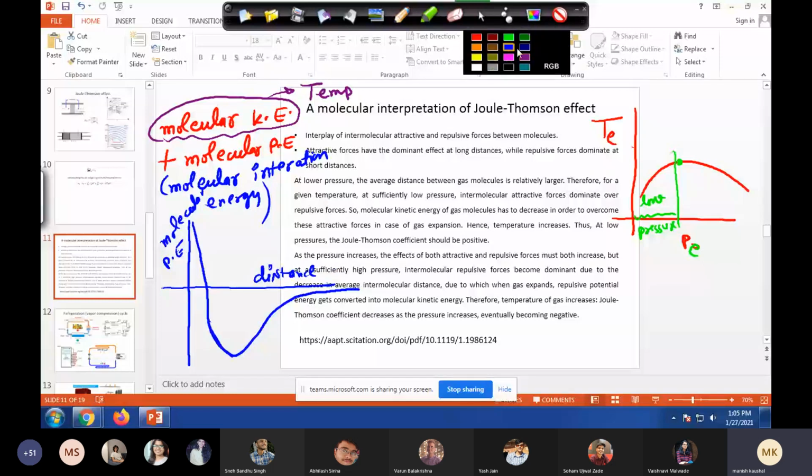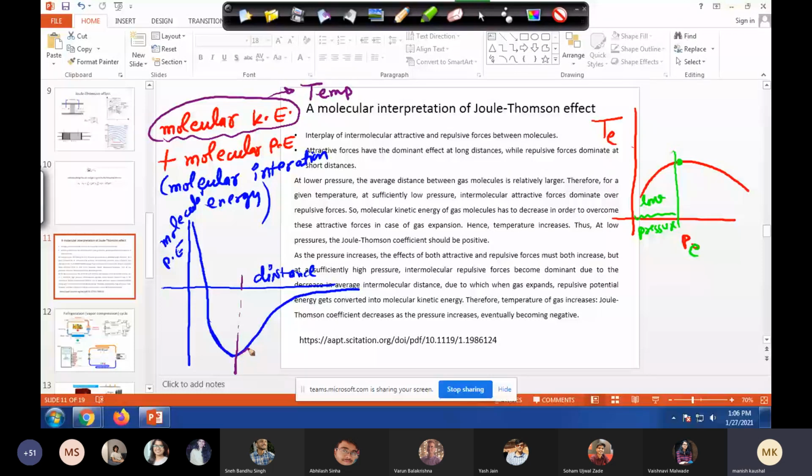Okay, so if you are in the low pressure regime, where are forces attractive and where are forces repulsive? You know that attractive means potential energy should be negative. If you remember your electrostatics chapter, when the charges have opposite sign, they attract each other, and the electrostatic potential energy becomes minus Q1 Q2 by R, with the constant 1 by 4 pi epsilon naught. So whenever you have attraction, your potential energy is negative, which is this one.